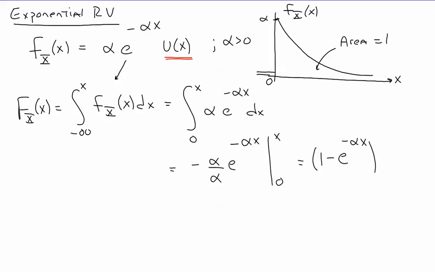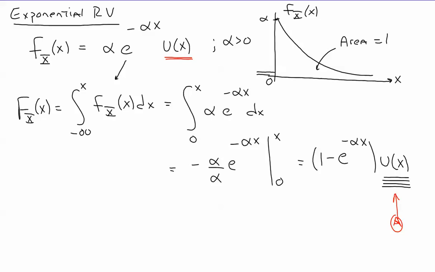But then I have to add back in a step function. That step function is not something that comes about because of the integration steps that I've done. This step function comes about because my cumulative distribution function begins at x equals 0. It has no value less than 0.